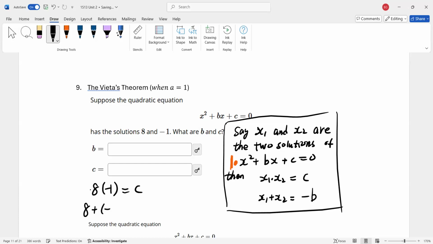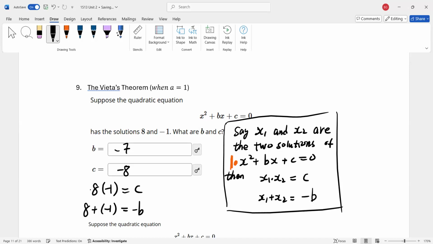They add up to the opposite of b, right? Well, then we should be able to find out what is b, what is c, right? 8 times -1 is -8, so c is -8. 8 plus -1 is 7. 7 is -b, so b is -7.